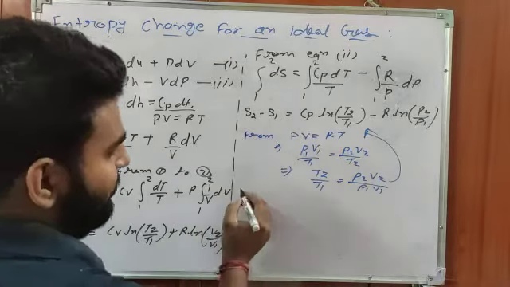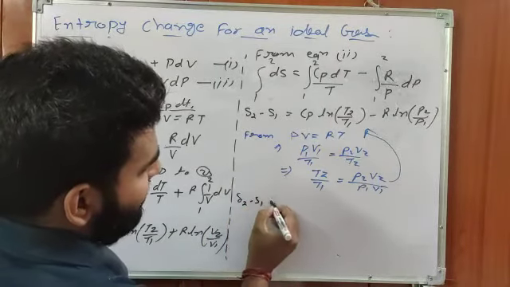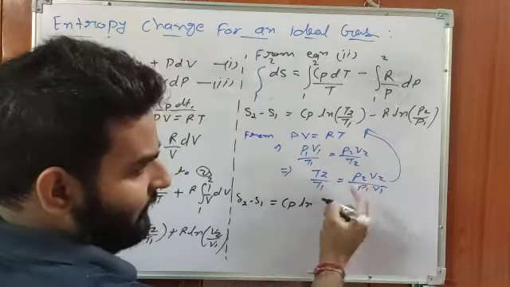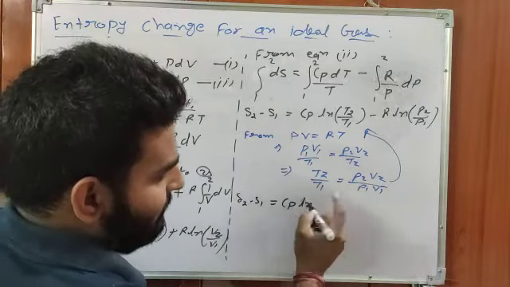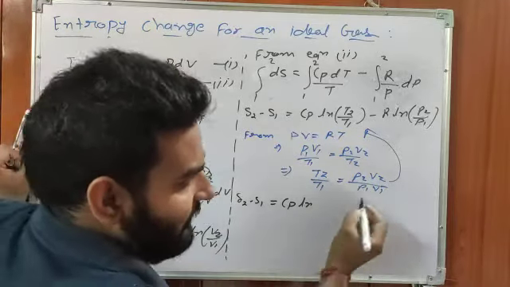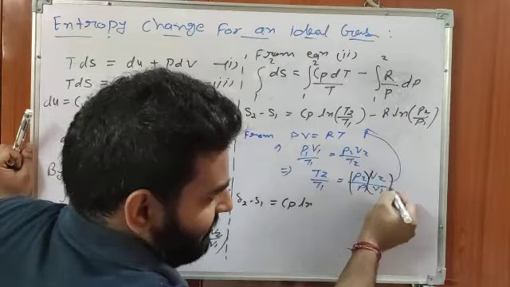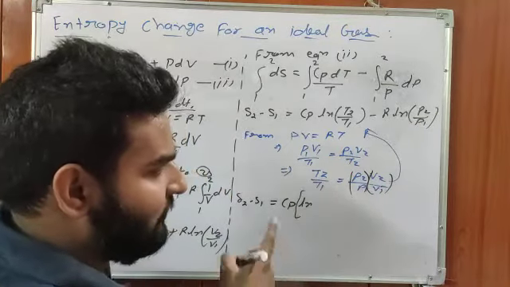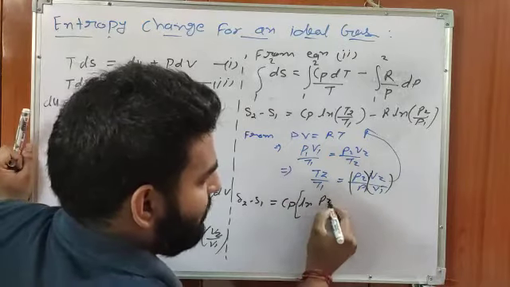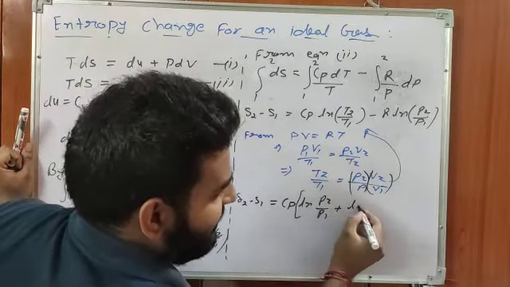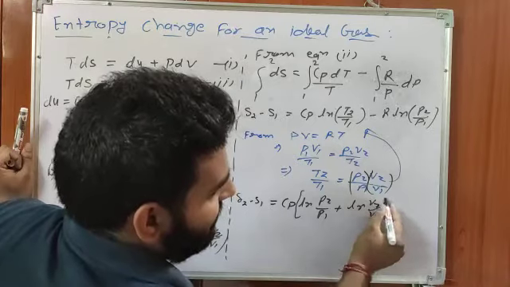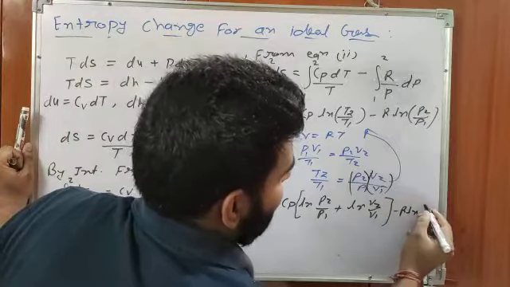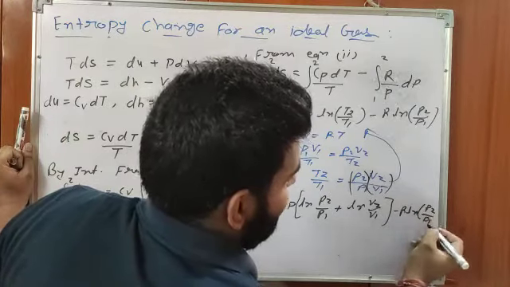So here S2 minus S1 is equal to Cp ln of P2 P1 V2 V1. These are two terms, so with the ln we can write ln P2 upon P1 plus ln V2 upon V1. The next term is R ln P2 upon P1.